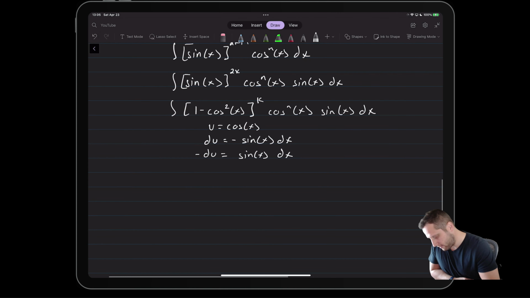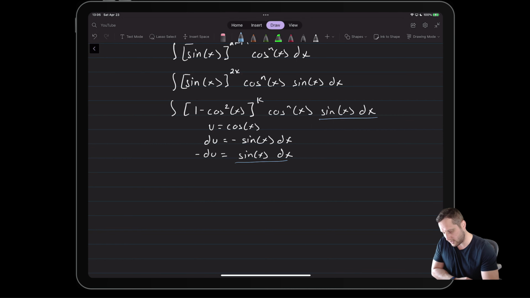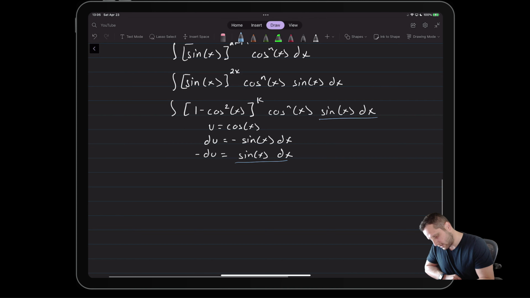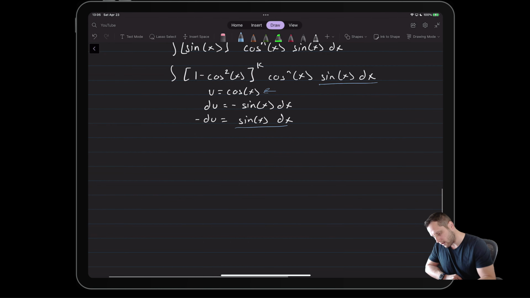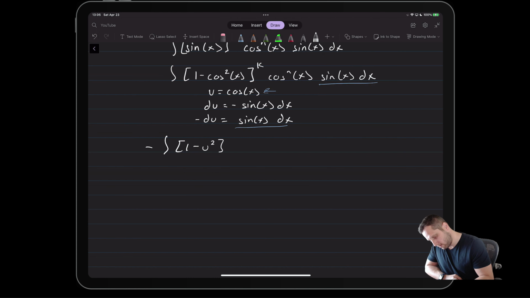We replace sine x dx with a negative du, putting a negative out in front of the integral, and replace all of our cosines with u. So we have negative 1 minus u squared all to the k times u to the n du.